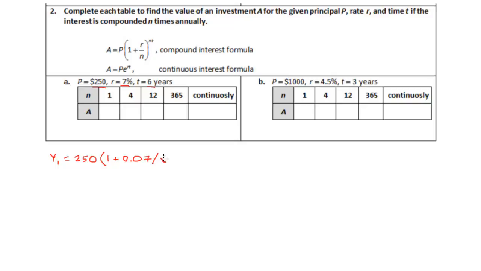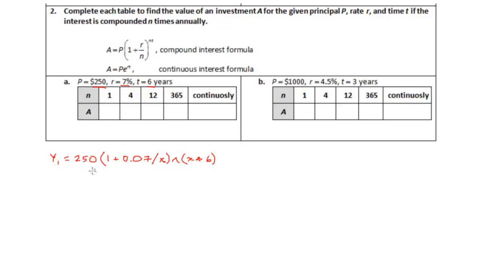That would be x for the calculator. And then raised to the, and different calculators handle this differently, but on the oldest versions you need to use a caret for the exponent, and then x representing n times t, or in this case 6x.